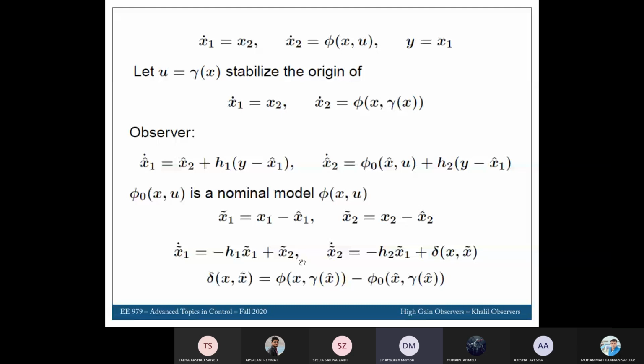This is the parametric variation or perturbation. I do not want this to affect my x1 tilde and x2 tilde. I want x1 tilde to go to 0, x2 tilde to go to 0. By choice of h1 and h2, I should be able to do that. Now, what h1 and h2 will make it happen?